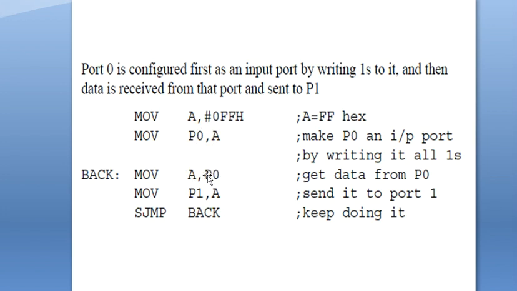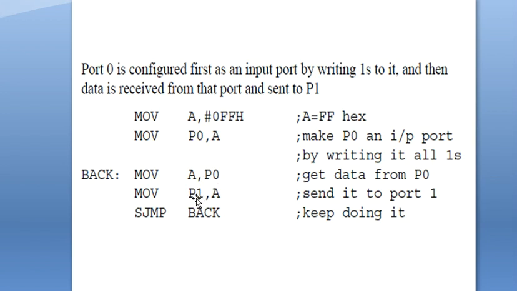Then MOV A, P0. Since P0 is configured as an input port, whatever input data we are getting through port 0, we are going to load it to the accumulator. Then the accumulator data obtained from here will be loaded to port 1. There may be a question of why we are not making P1 an output port.